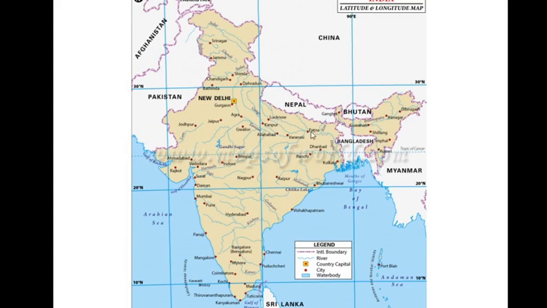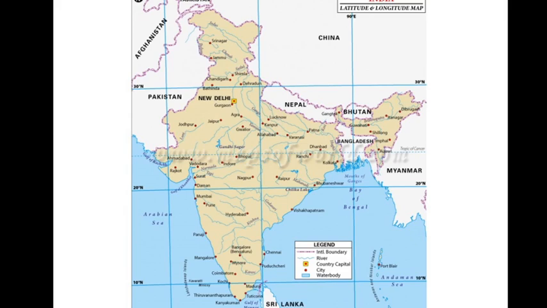See, India is a tropical country, we all know that, but geographically the northern part of India belongs to the temperate climate of the world, isn't it? That's why a pure type of tropical climate you will find in southern India, whereas the northern part of India enjoys a subtropical or a temperate climate.